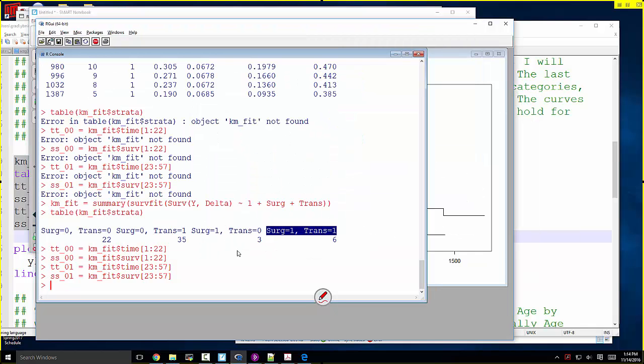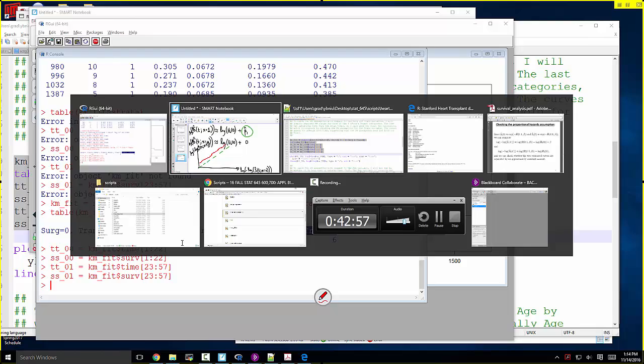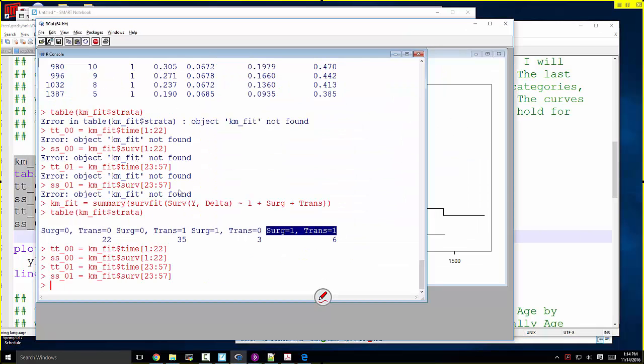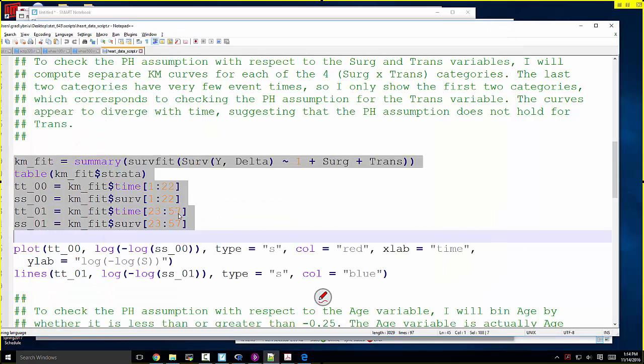So what we can do is, for example, we could compare 1 to 22, and then this is 58 minus 23, 35.